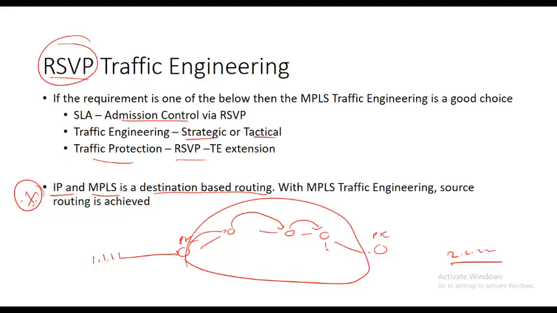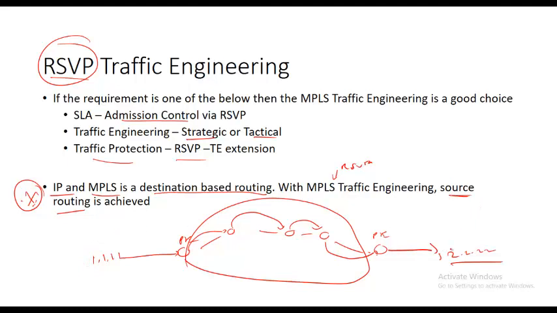But MPLS RSVP traffic engineering is source-based routing. I was telling you this yesterday, but I did not use the word source-based. I told you if traffic is coming from this application, then I need 500 kilobits reservation.